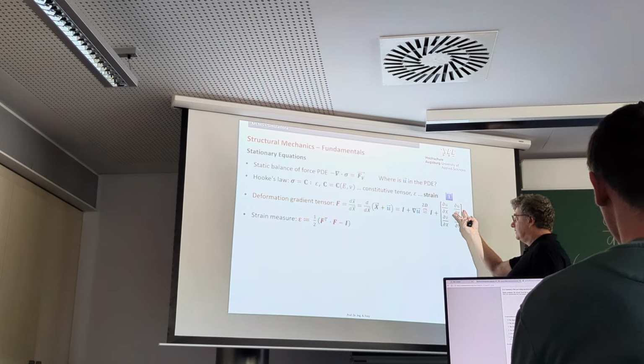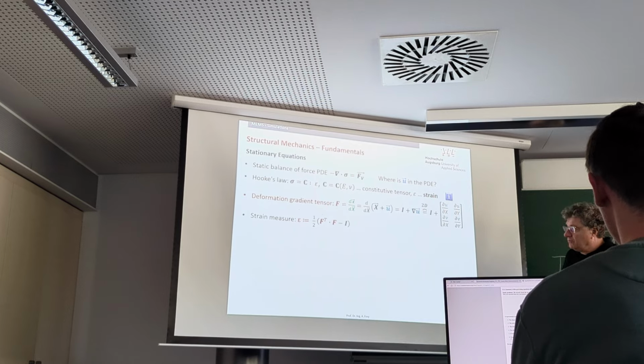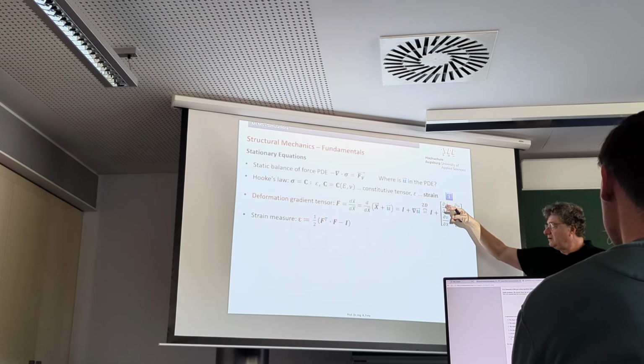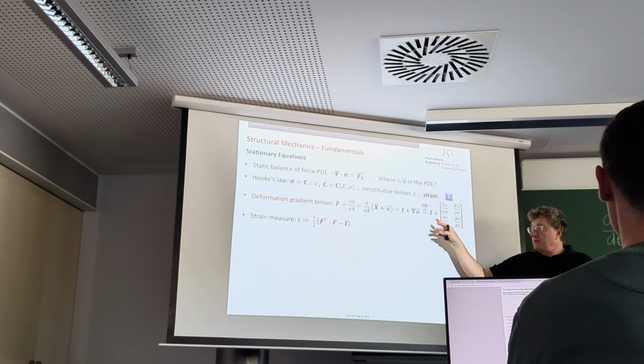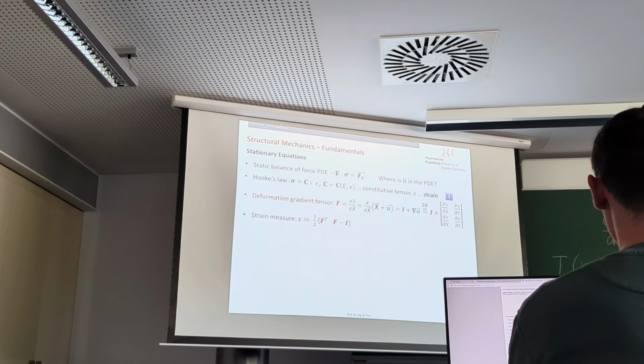We just flip the off-diagonals. So why do we do this? Maybe we could have a definition of strain, because here it seems to make sense. The reason why we do this is related to the fact we saw with our squares, which we rotated.